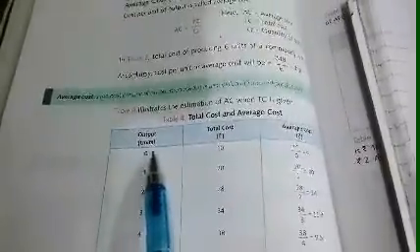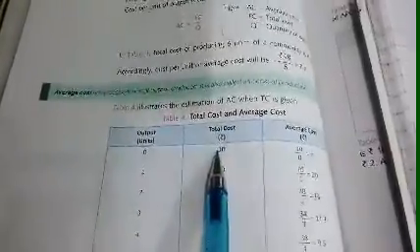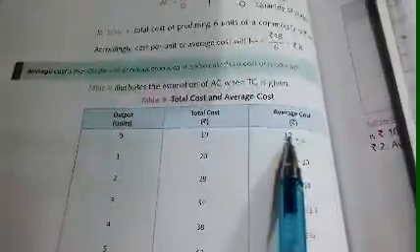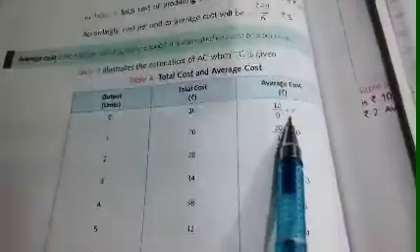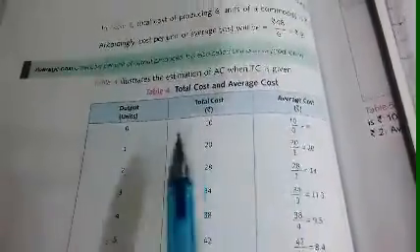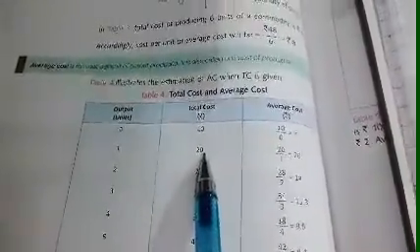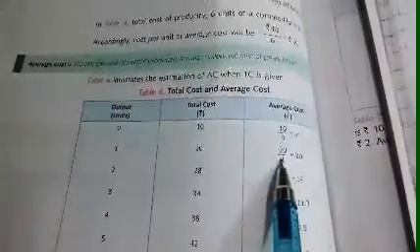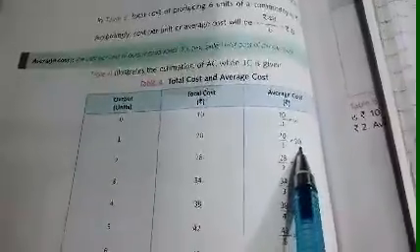So if the quantity produced is 0 units, then total cost is given as 10. So average cost will be 10 divided by 0 and it comes to be infinity, or we can say not defined. Then if the output produced is 1 unit and total cost is 20, then average cost will be 20 divided by 1, which comes out to be 20.